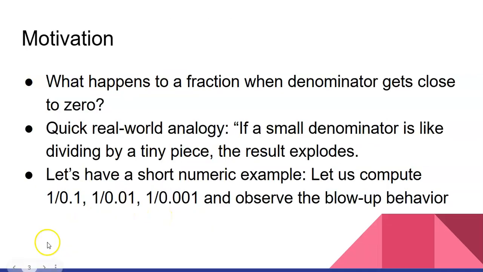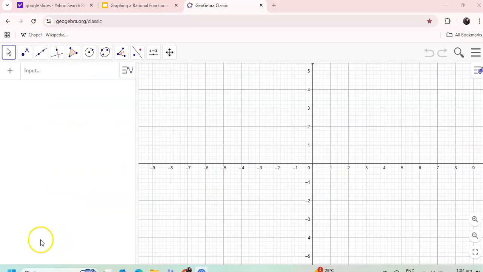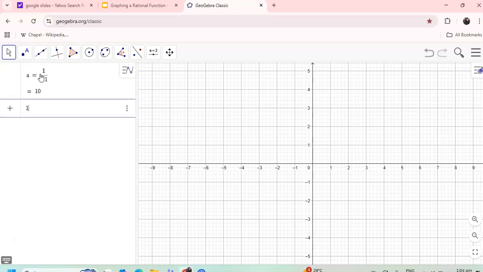So we're going to compute 1 over 0.1, next 1 over 0.01, and the next one is 1 over 0.001. And let's observe the blow-up behavior. Alright, so first 1 divided by 0.1, then 1 over 0.01.